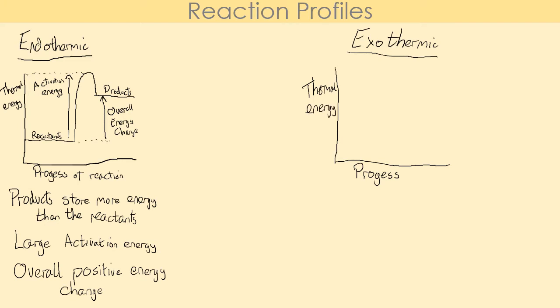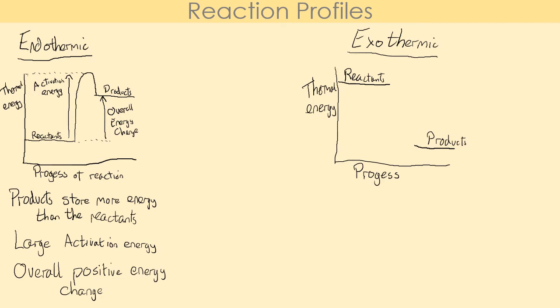In this reaction, energy will exit from the reaction or process. Our reactants have more energy, so their line will start higher up. The products will have less energy. So we have our reactants and we have our products.